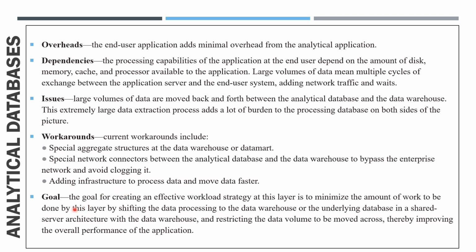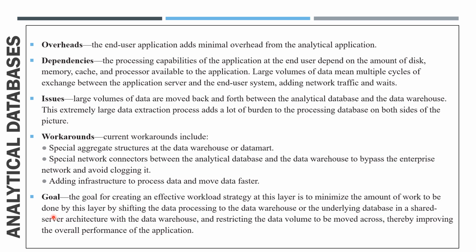Our goal for getting an effective workload strategy at this layer is to minimize the amount of work to be done by this layer. This is the same, so all the goals for these three are the same. We want to create an effective workload strategy.